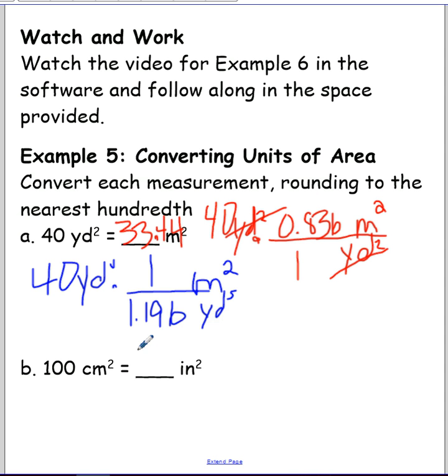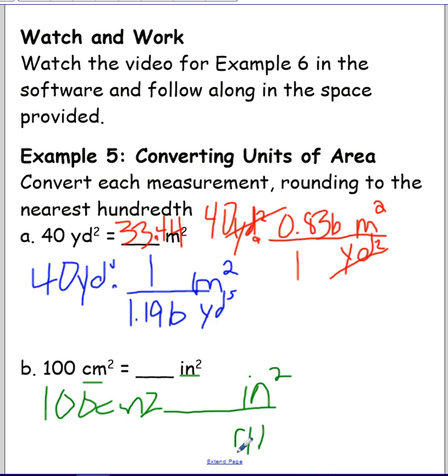For 100 centimeters squared, let's use the metric to US. And so we have our 100 centimeters squared. We're going to get rid of centimeters squared and keep inches squared.